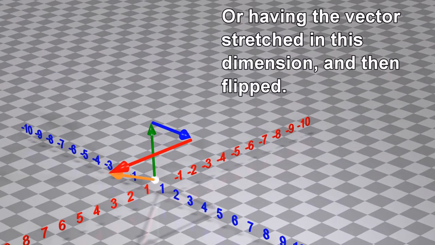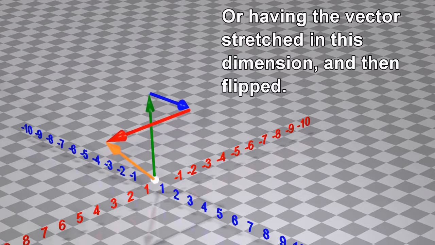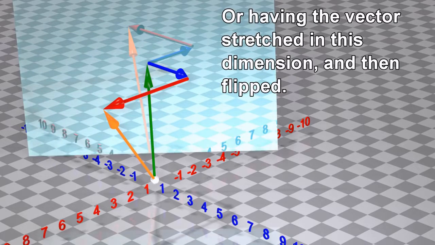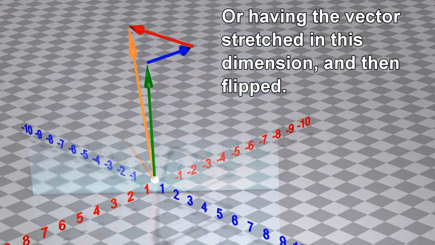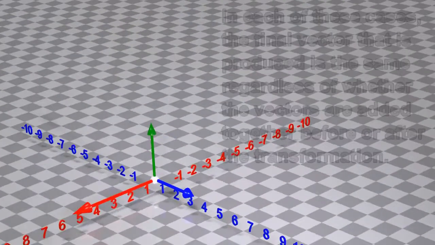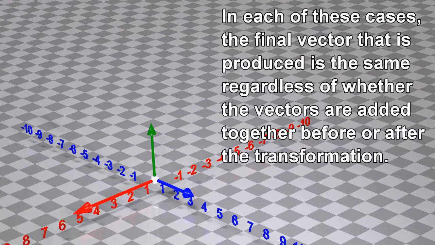Or having the vector stretched in this dimension, and then flipped. In each of these cases, the final vector that is produced is the same, regardless of whether the vectors are added together before or after the transformation.